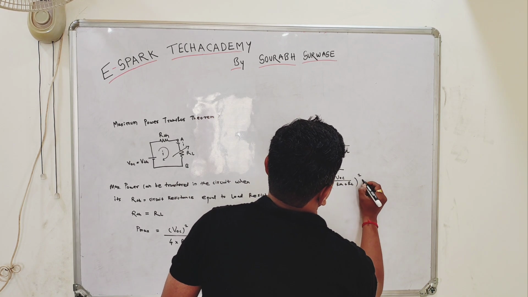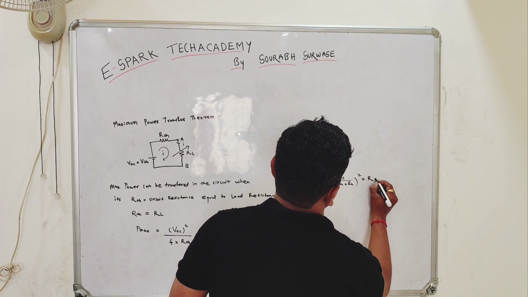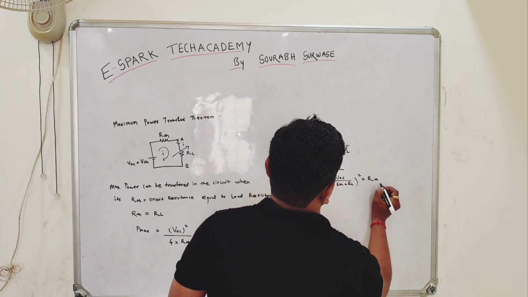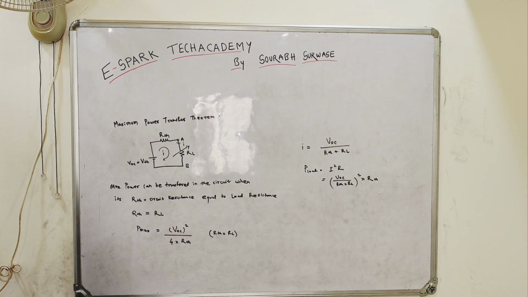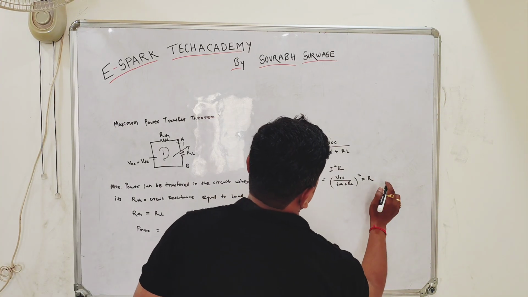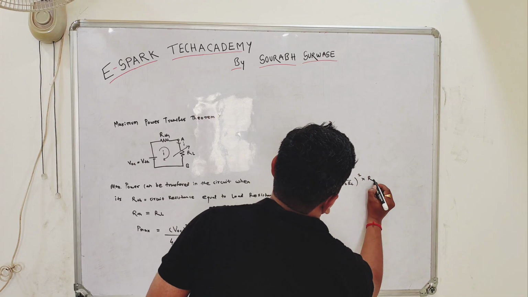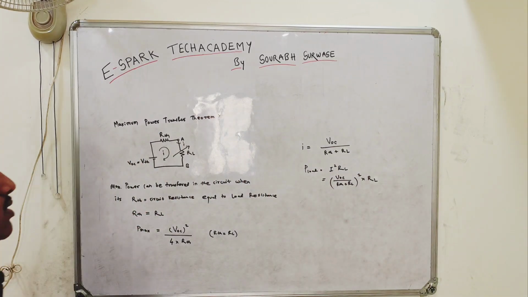bracket square into RL in this case, because of the load resistance.